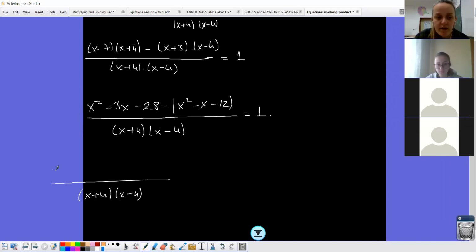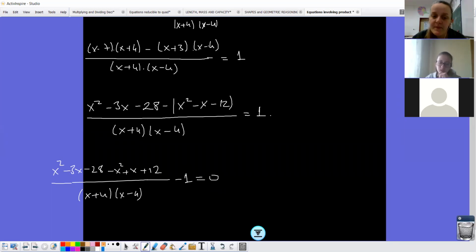In the numerator, I have x squared minus 3x minus 28, then minus x squared plus x plus 12 we'll get. And then I took this one to the other side, it will be minus 1 is equal to 0. Am I okay? It's okay for you? It's okay, teacher. Okay.